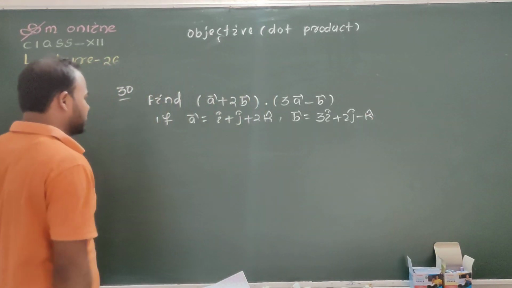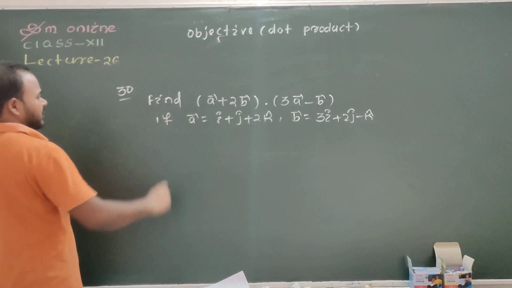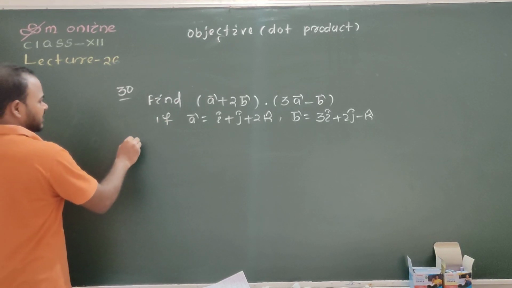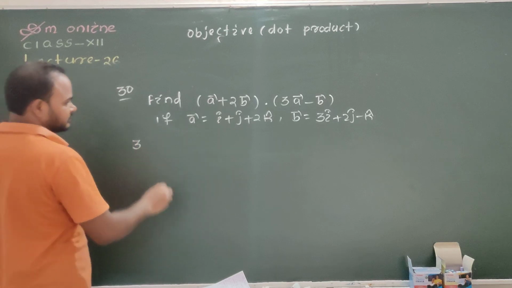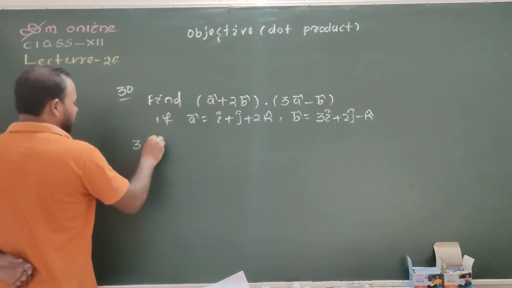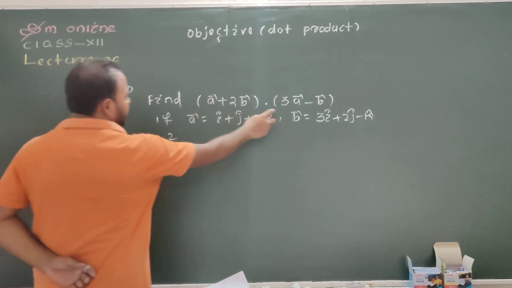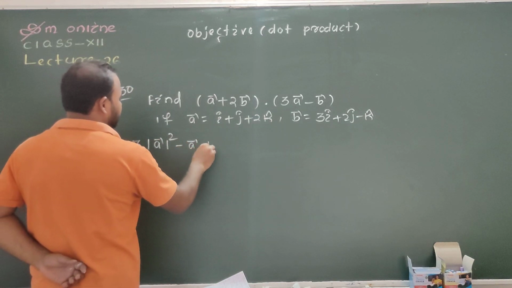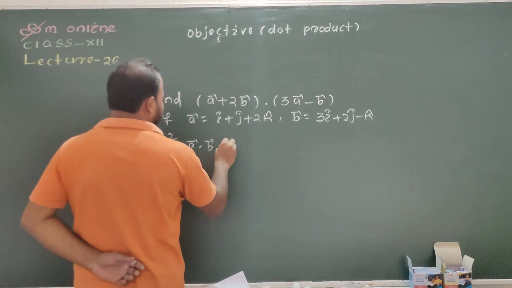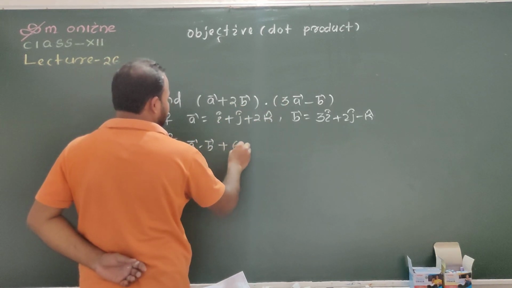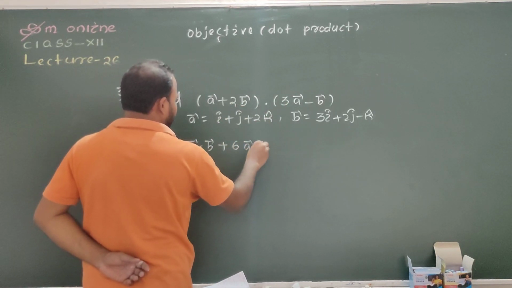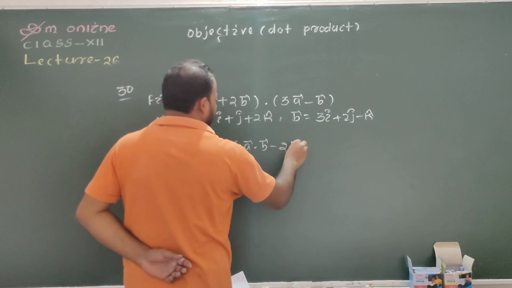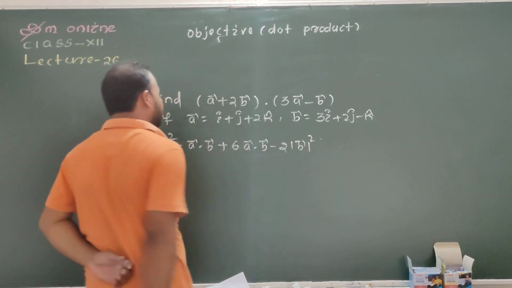It is very easy. Vector A plus 2 into vector B dot 3 into vector A minus vector B: that is 3 into magnitude of A square, minus vector A dot vector B, plus 2 into 3, that is 6 into vector A dot vector B, and lastly minus 2 into magnitude of vector B square.